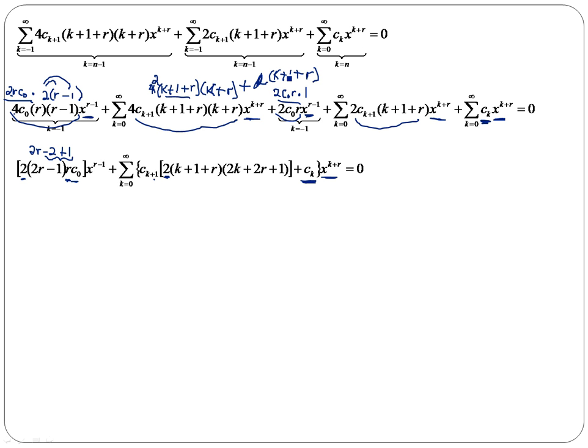I have a k plus 1 plus r in common. And that's this k plus 1 plus r factor. And that leaves me with just a 1 here. And here I have a 2, so I get, oh yeah, I have 2k plus 2r plus 1. And that's this, 2k plus 2r plus 1. So everything else is my common factor. This is all a common factor along with the x to the k plus r power.